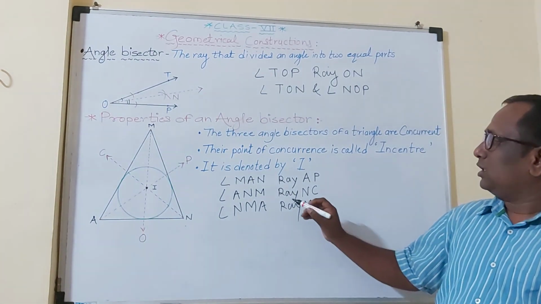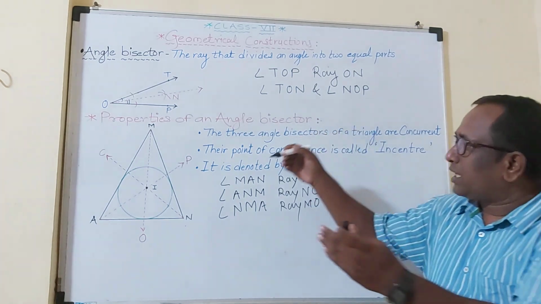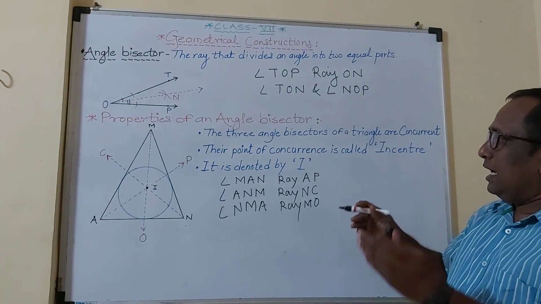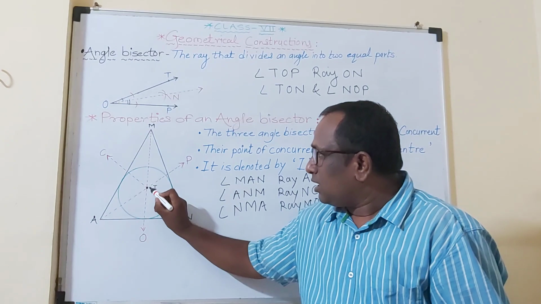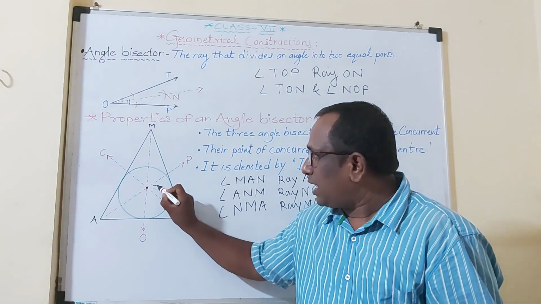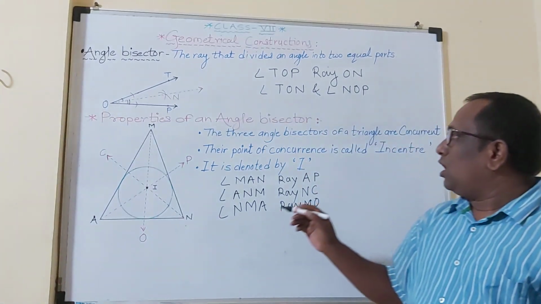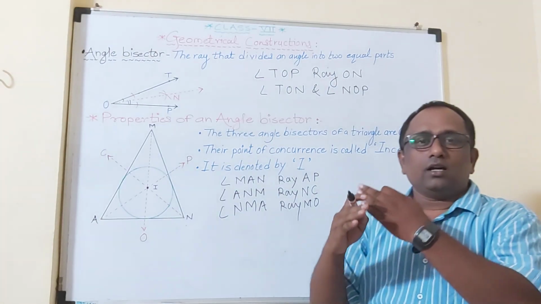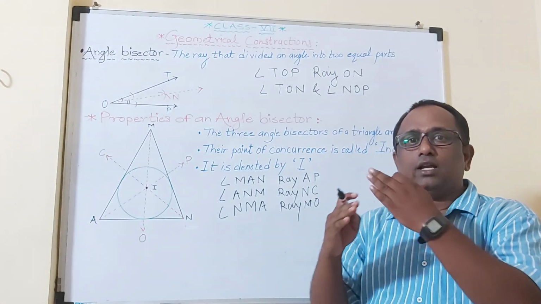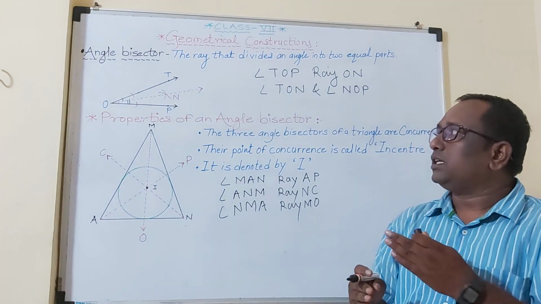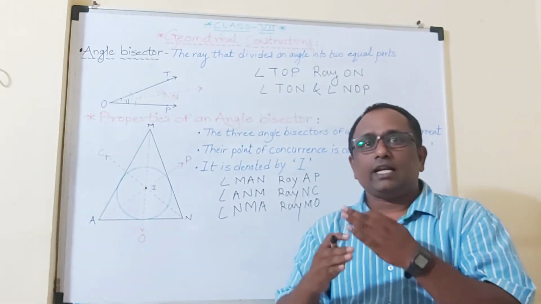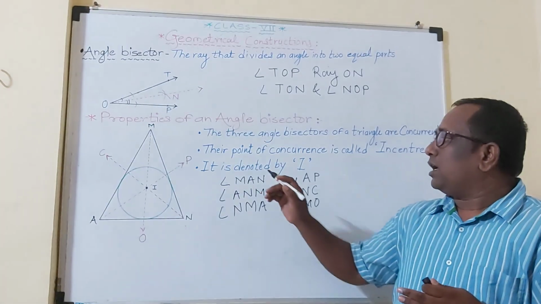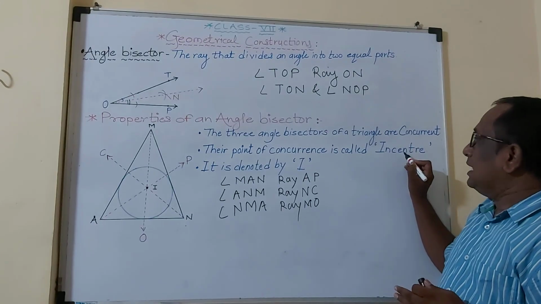Now see students, all these rays intersect each other here, and you can say right here I. So when all the angle bisectors intersect each other, it's called incenter.